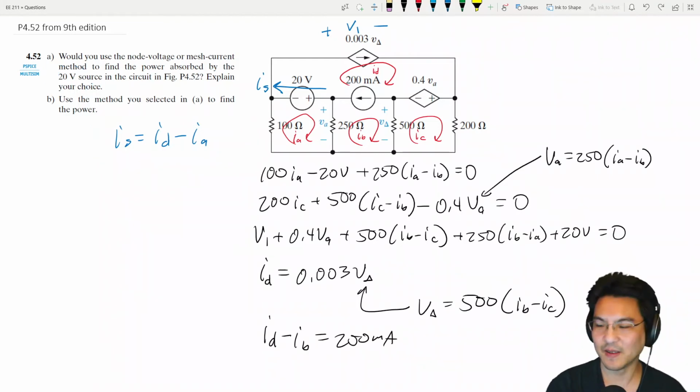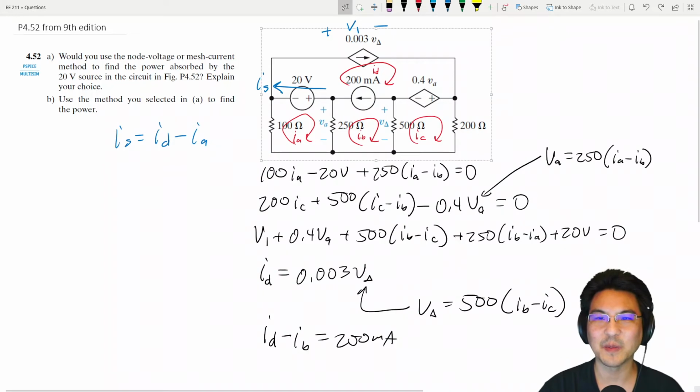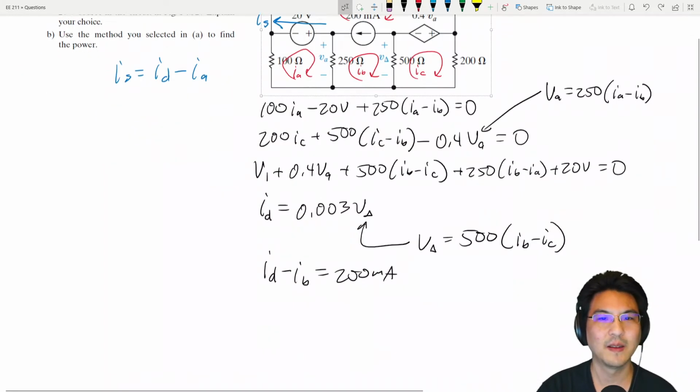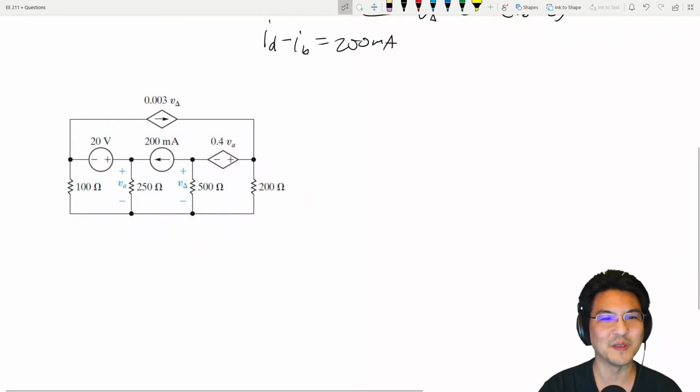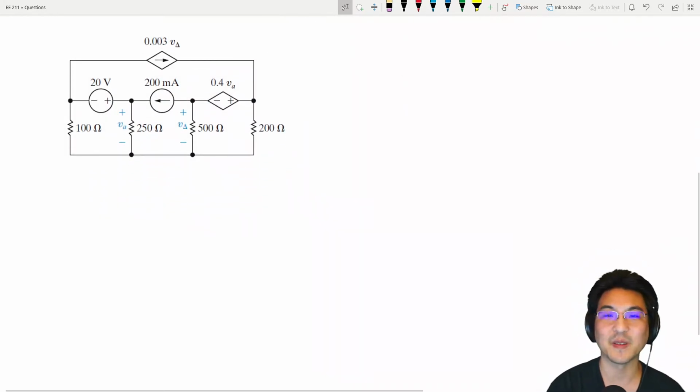Okay, let me borrow this picture here. So already it looks like a huge mess to use the mesh current method. Is the node voltage method any better? Let's take a look.